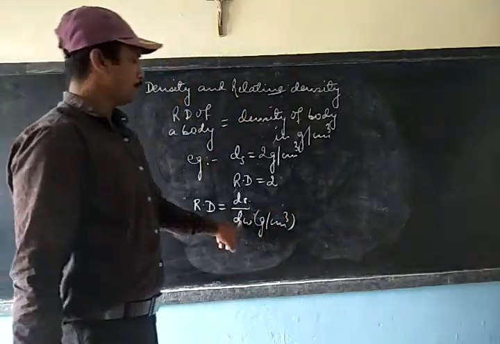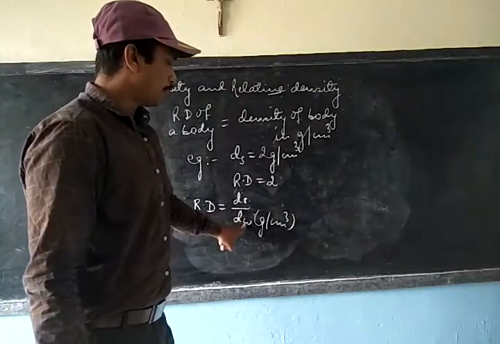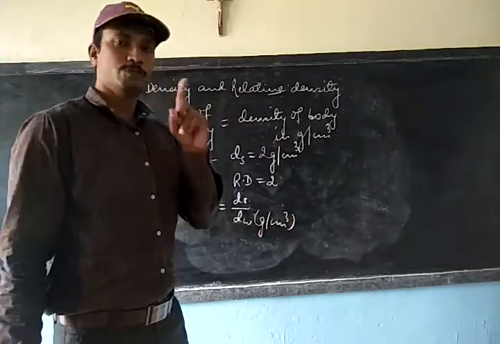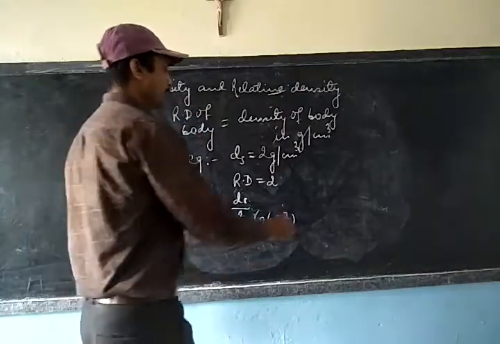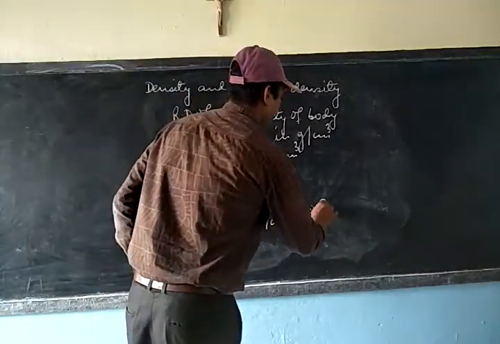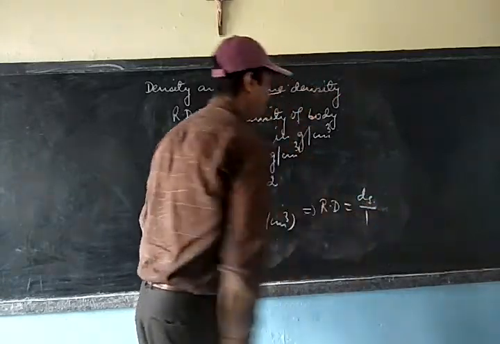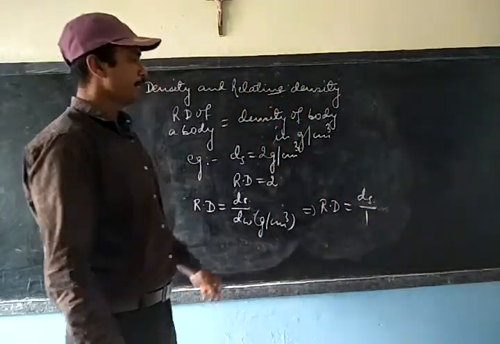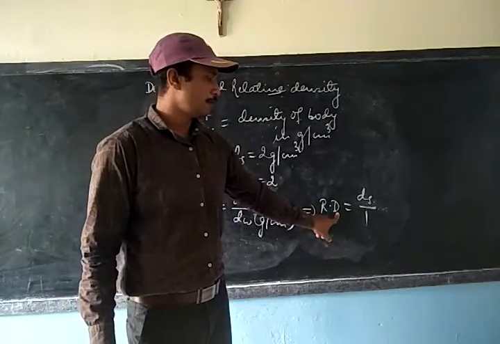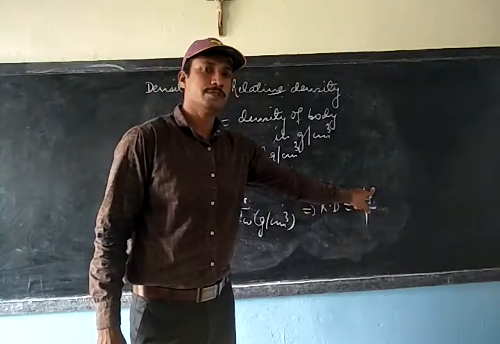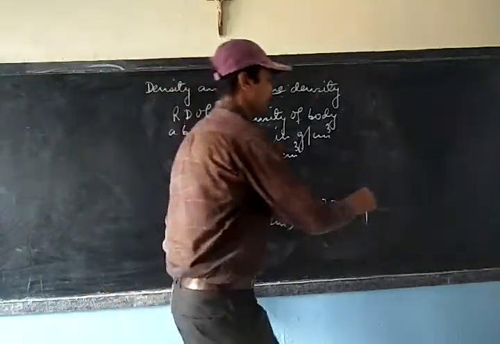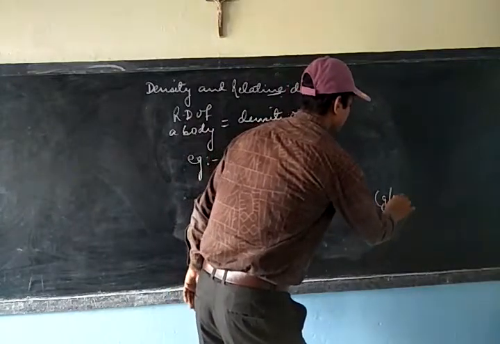Now the density of water in gram per centimeter cube is 1. So further we can write relative density is equal to density of substance divided by 1. Now you can see relative density is equal to density of substance, but this should be in terms of gram per centimeter cube.